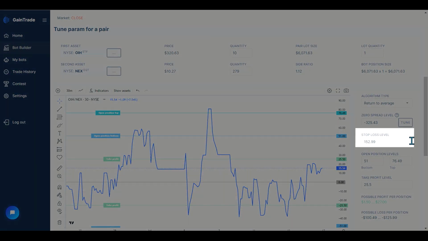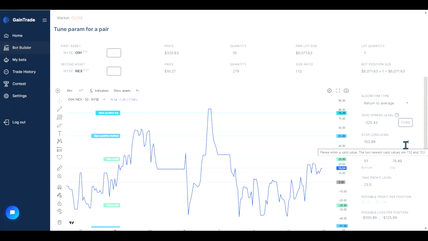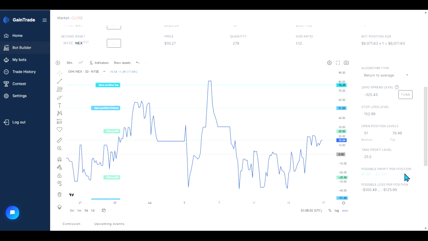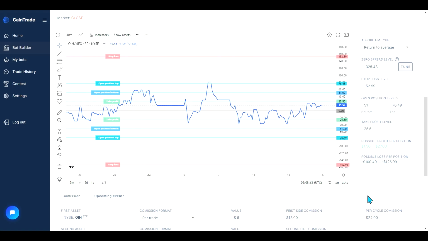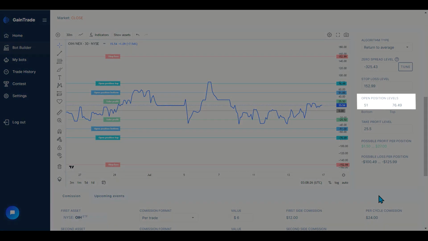Now, here is the stop loss levels that are calculated by the program, and you can see it depicted in a red line on the chart. Now, there are two open position levels which are calculated.